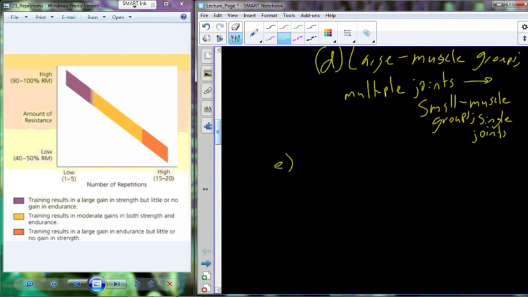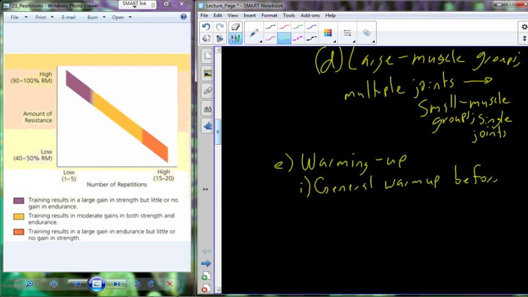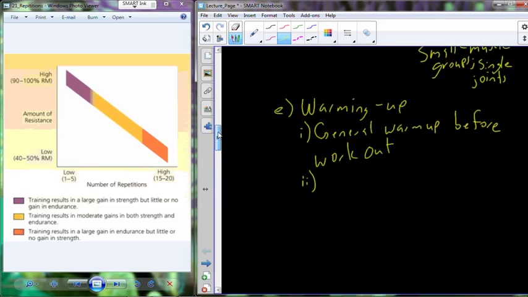Now, just like we saw with cardiorespiratory endurance, we want to make sure that we warm up and we cool down. And the approach for warming up for exercise, you want to do a general warm-up to begin with. And this occurs before the workout and is typically going to be something like 10 to 15 minutes or 5 to 10 minutes of jogging, light jogging on the treadmill, just to increase breathing rate, increase muscle efficiency, increase blood flow and circulation.